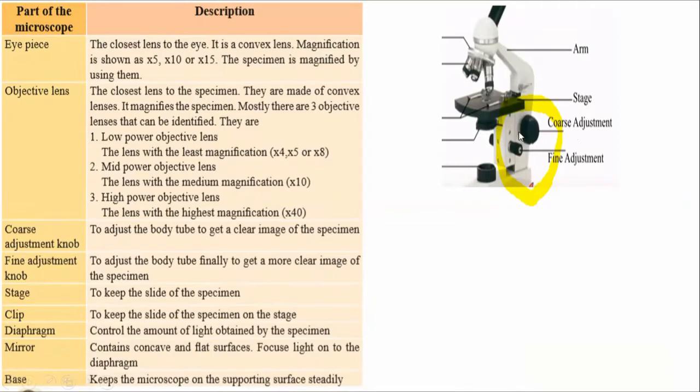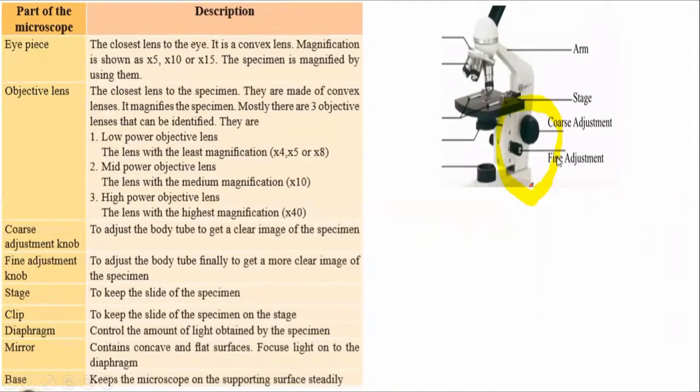But when you use a microscope, the first adjustment you usually operate is the coarse adjustment. So you can use the coarse adjustment to adjust the body tube, to move the objective lenses lower to the specimen, and for many other purposes. All right, so if the coarse adjustment is not efficient enough, then you can move to the fine adjustment.